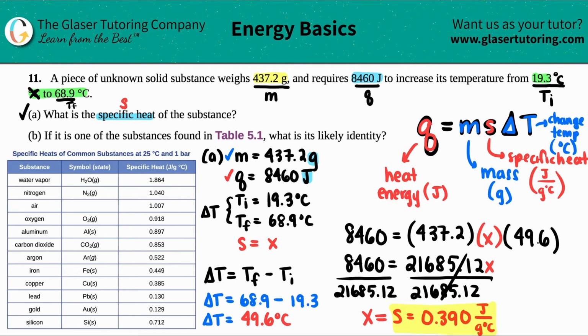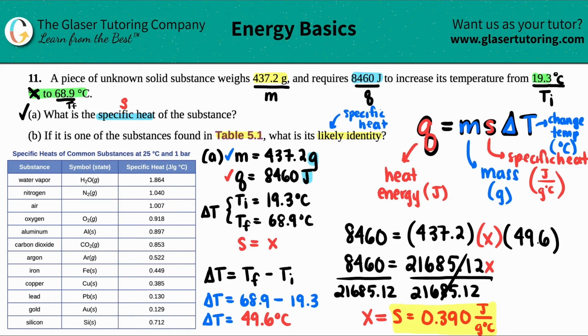Now for B, it says if one of these substances is found on table 5.1, what is its likely identity? Well, just know that you can identify any substance, a molecule, a compound, or an element by knowing its specific heat. You cannot identify an element in this chapter by its mass, how much heat it produces, or what the temperature changes. It's always coming down to the specific heat, not even the heat capacity.